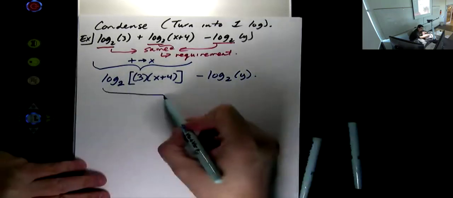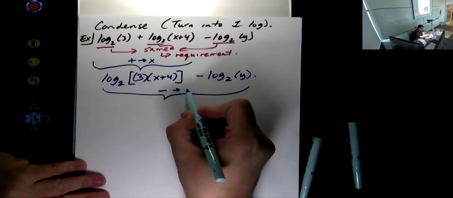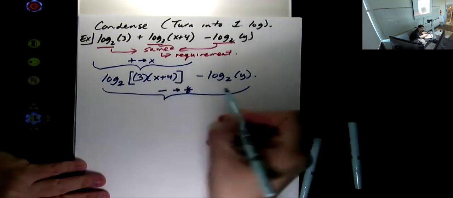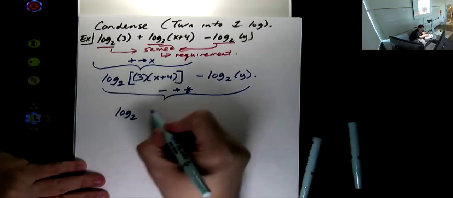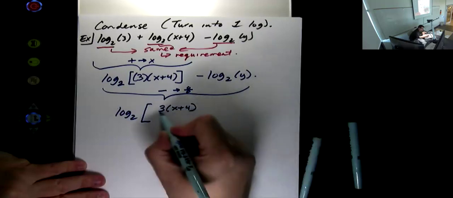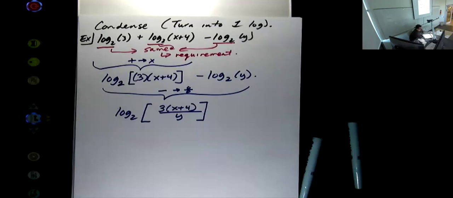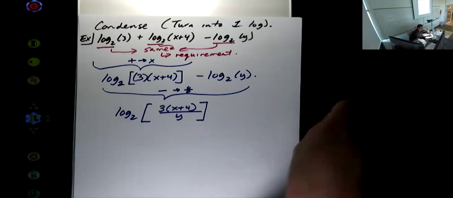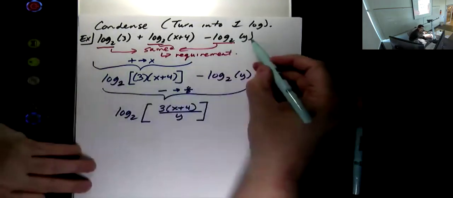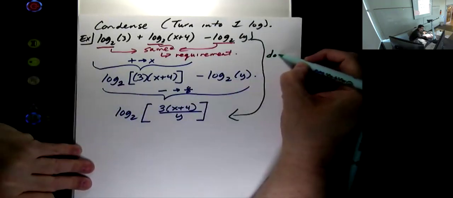And now subtraction turns into division. So I'm going to have log base 2, with 3 times x plus 4 on the top and y on the bottom. Now we're done. That's it. Cool. So with just a little bit of practice and remembering how the rules work, this is doable in one step.